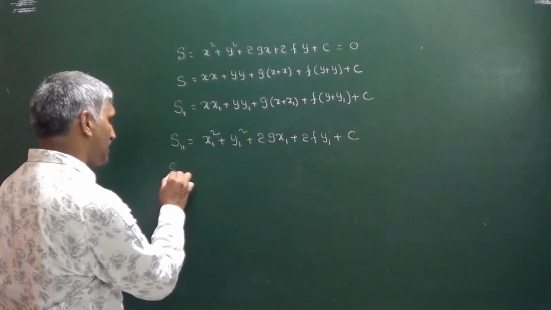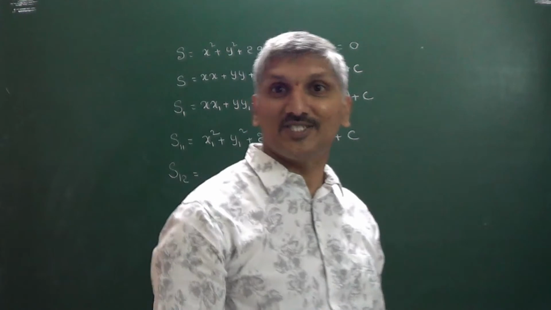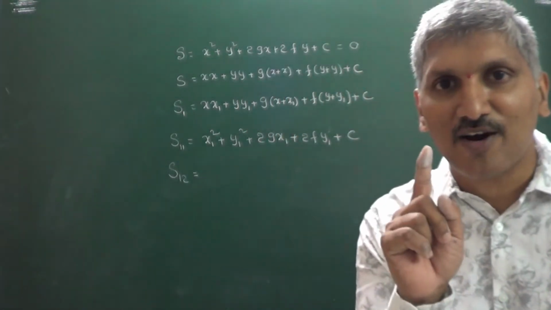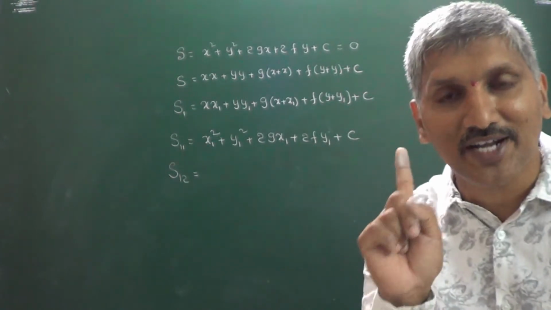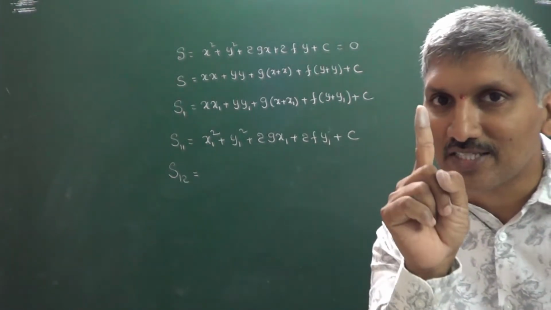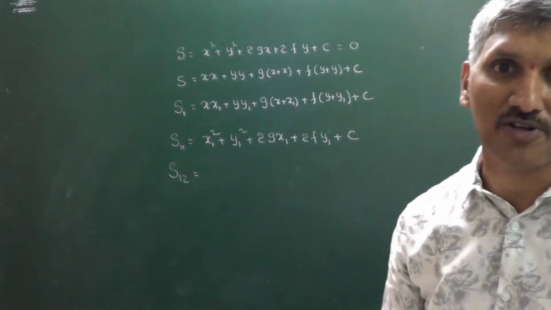Next one we can write S12. Come on, tell me what is S12. You can guess. In place of one x, x1; in place of the other x, we have to write x2. Similarly, in place of one y, we write y1, and in place of the other y, y2.